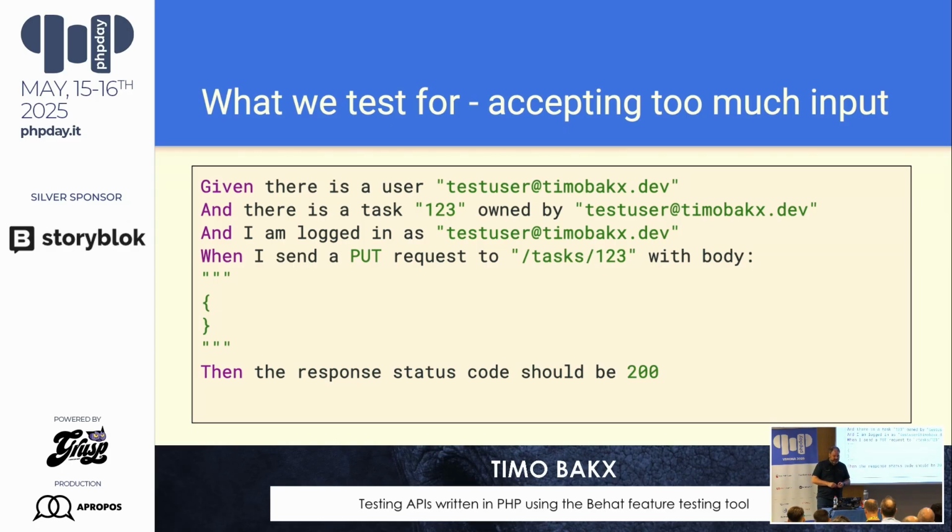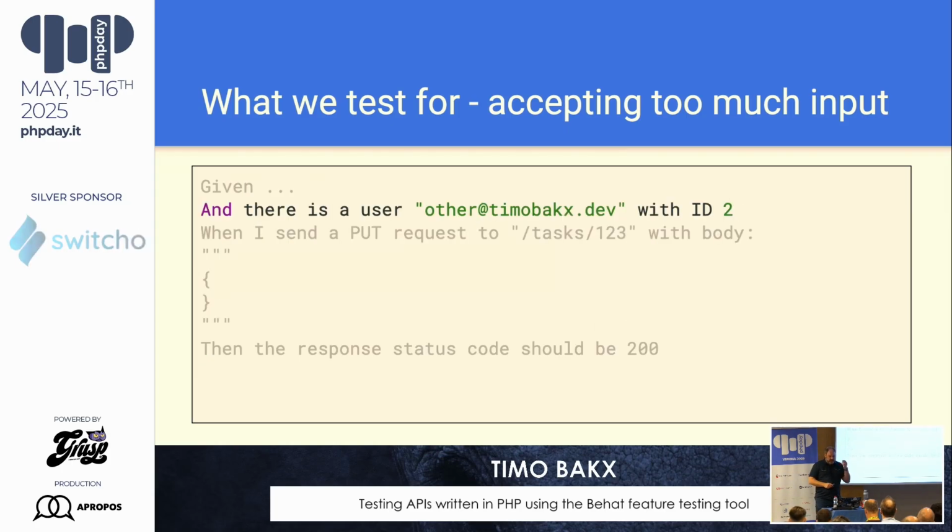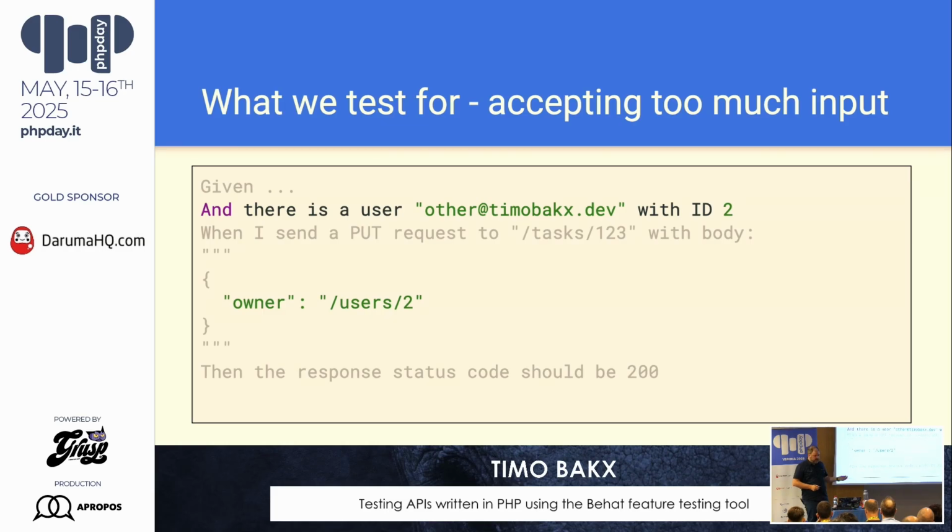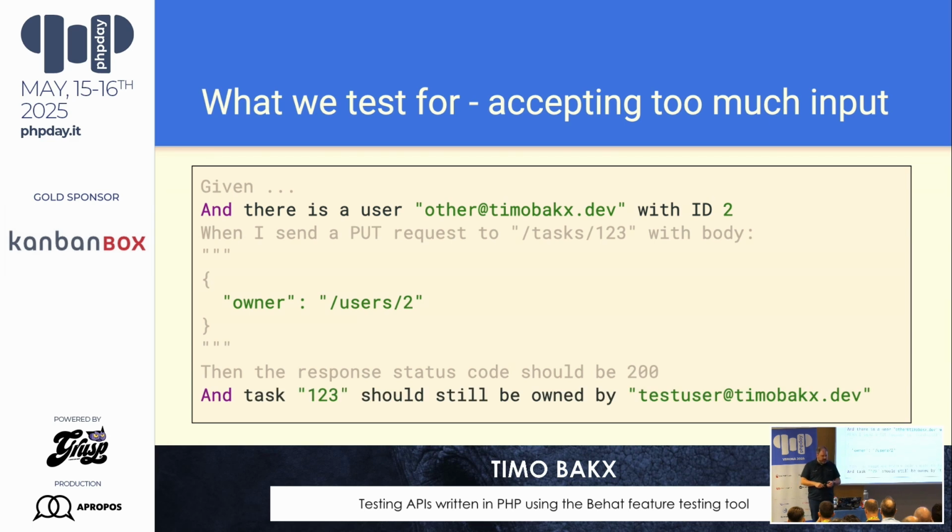So we start with a happy trail, we add an extra user, we make sure that the user has an ID that we know, and we add that user to the request. But then we check that the task is still connected to the original user and not the new one.